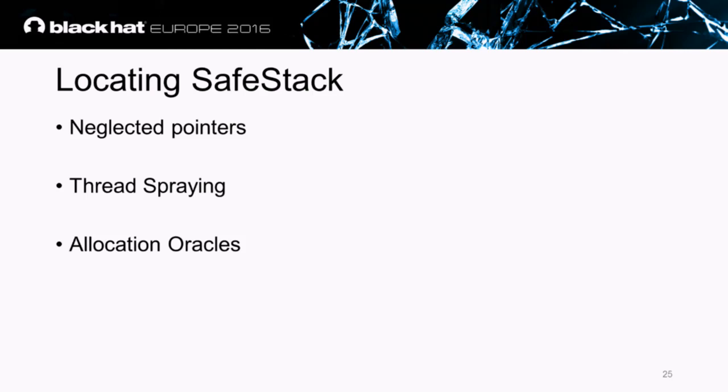So we will look at three problems. One is that there are still pointers actually in the program. We will go over them. And then two more fundamental problems like thread spraying and allocation oracles. Okay, let's start with the neglected pointers.